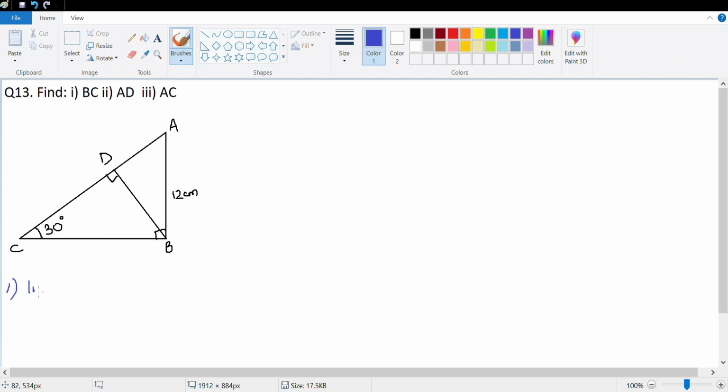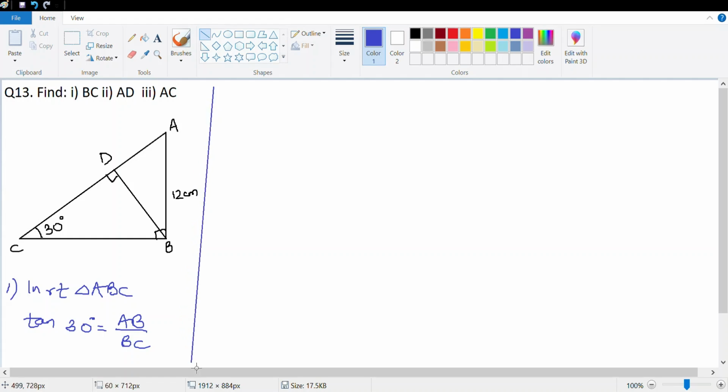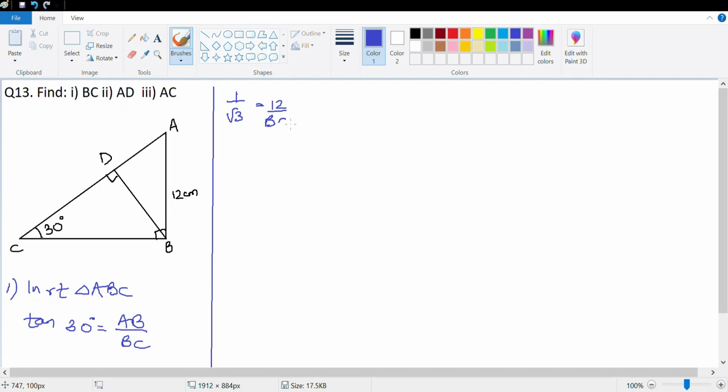So in right triangle ABC, AB is the perpendicular and BC is the base. So tan 30 degree is equal to AB upon BC, and tan 30 degree is equal to 1 upon root 3, which means 1 upon root 3 is equal to 12 upon BC, which means BC is equal to 12 root 3 centimeter.